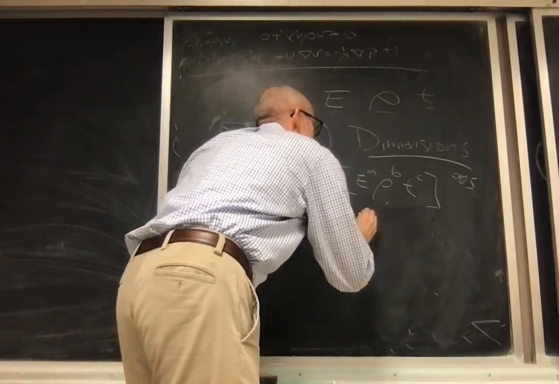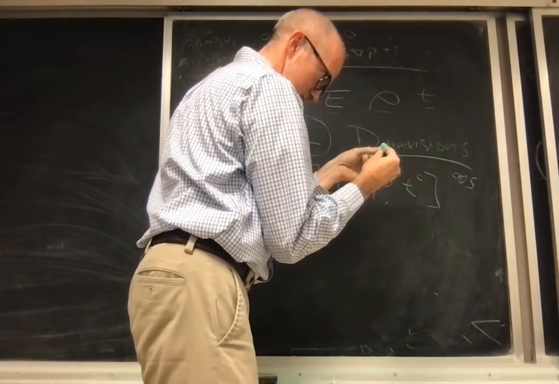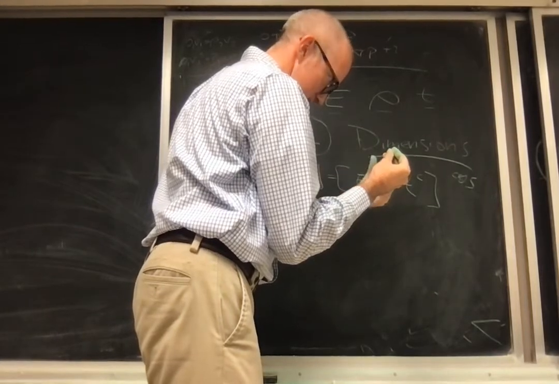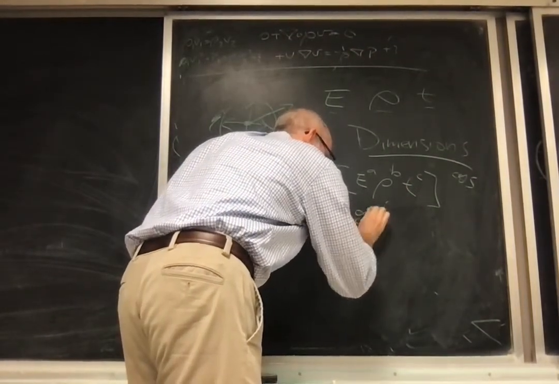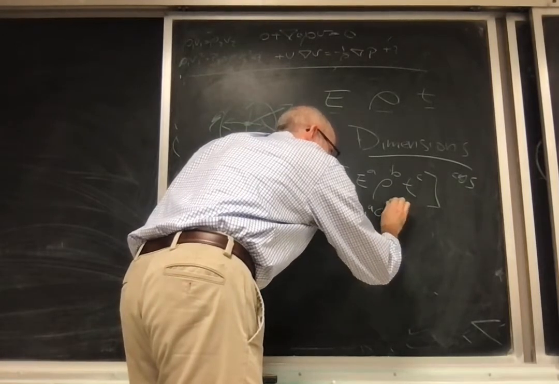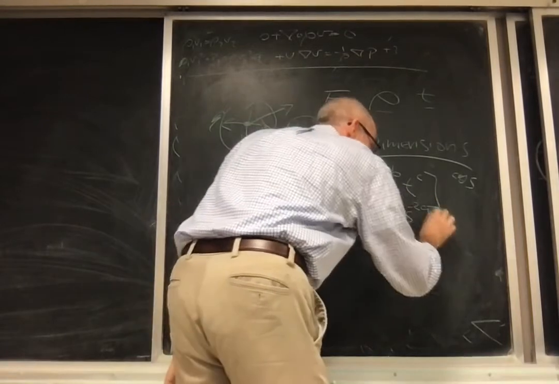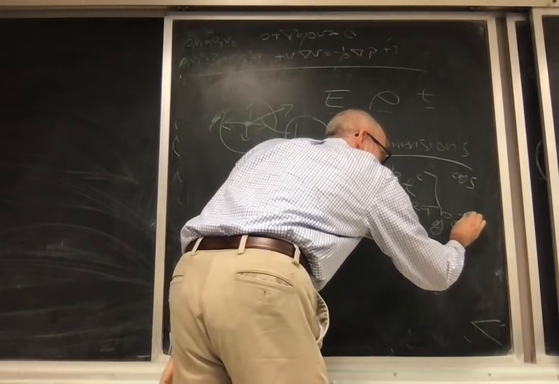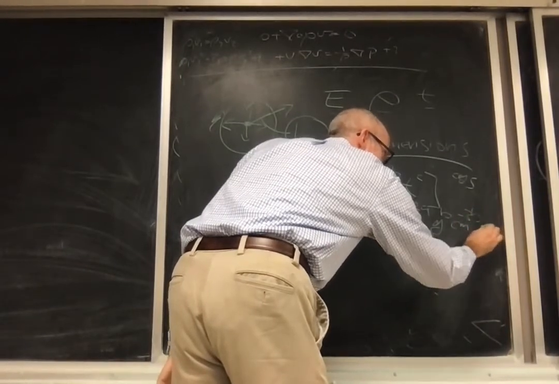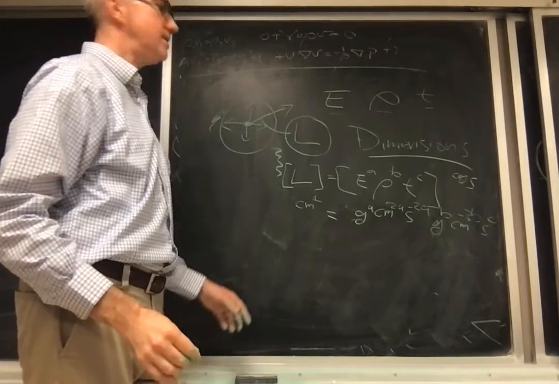We have grams to the A, centimeters to the 2A, seconds to the minus 2A, times grams to the B, centimeters to the minus 3B, and then seconds to the C. And this all has to equal centimeters.